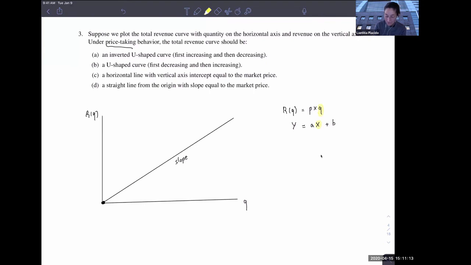That's Q. What is B here? Well, it's 0. That's why the curve passes through the origin. What is A here? Well, that's P. So for a price-taking firm, the total revenue curve is going to be a line with slope equal to the market price.